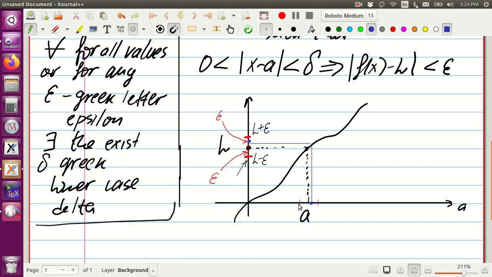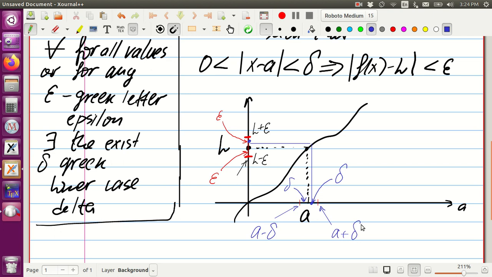So now I have to select this interval on the x-axis. I will call this distance on the right delta, and this distance on the left delta. Then this point over here will be a minus delta, and this point over here will be a plus delta.